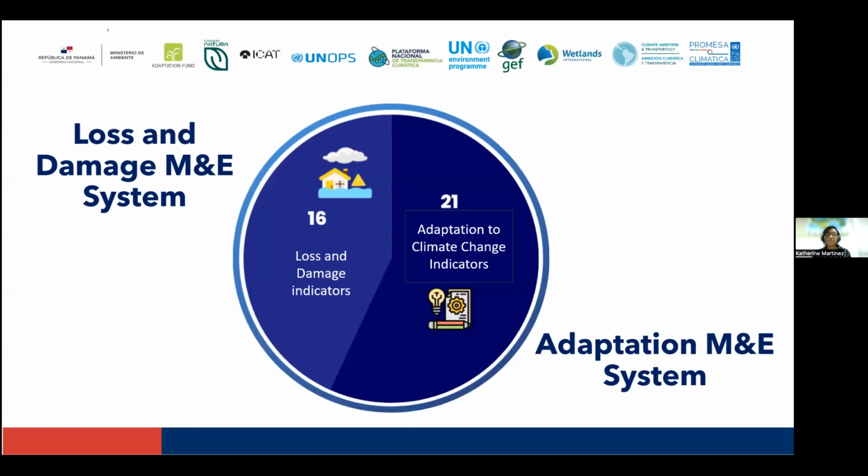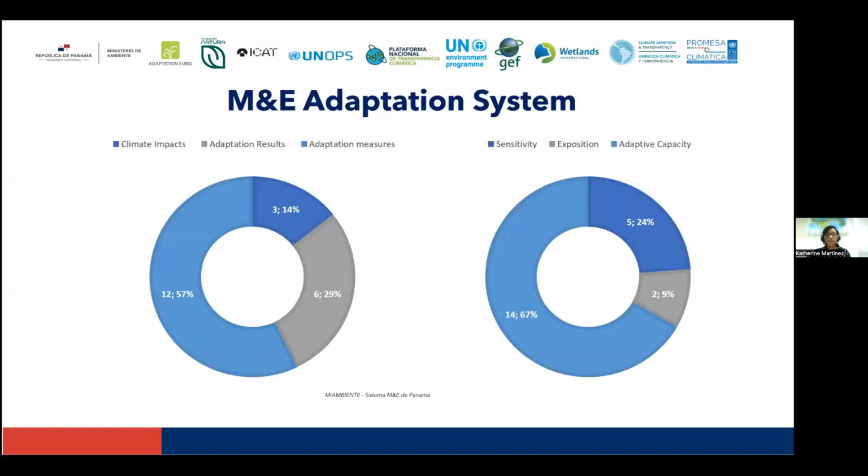As I mentioned, we have in total 37 indicators: 16 indicators for loss and damage, and 21 indicators for adaptation. In the case of the indicators of adaptation, 12 of the indicators represent adaptation measures, 6 indicators represent adaptation results, and 3 climate impacts.